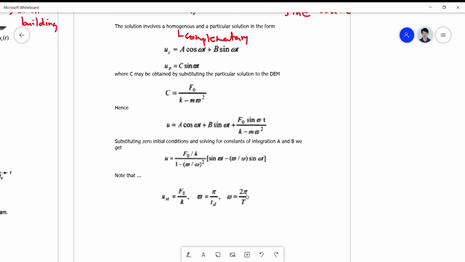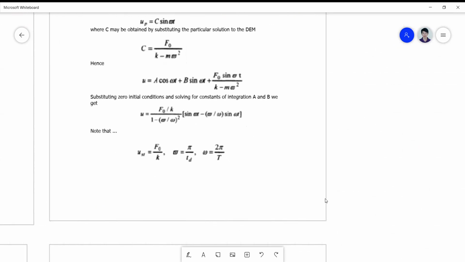So half of this is 2 pi, this is 2 TD, cancel that, you get the same value. Okay, so omega bar is actually 2 pi over your period, which is 2 TD. So if you cancel this one here, it will now be the same as that.